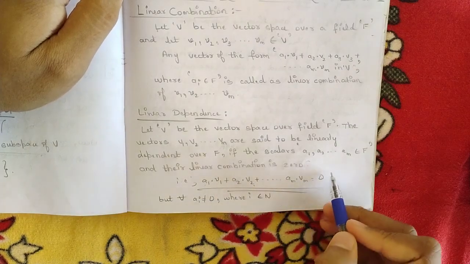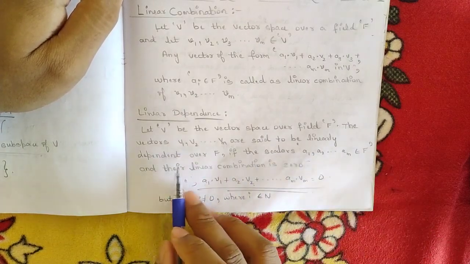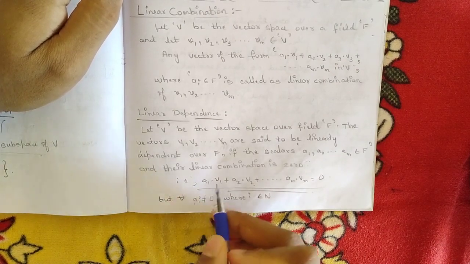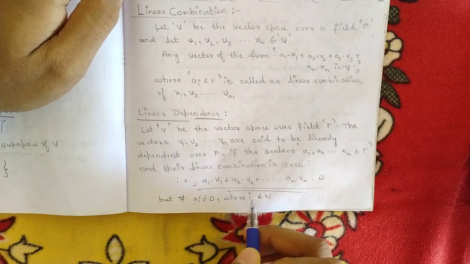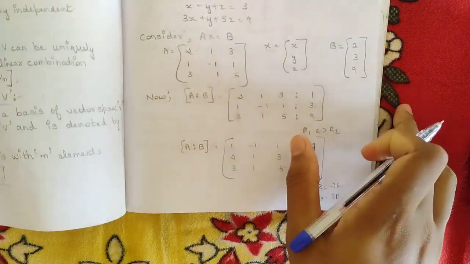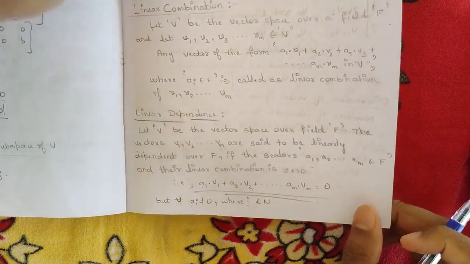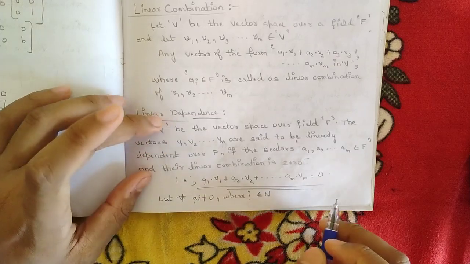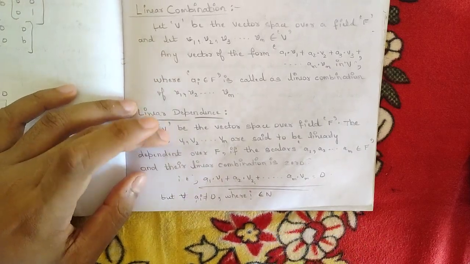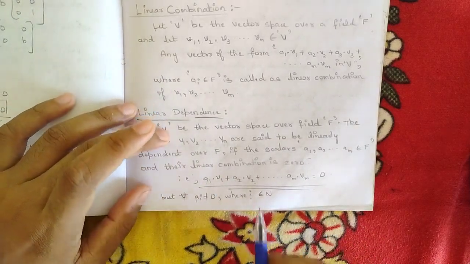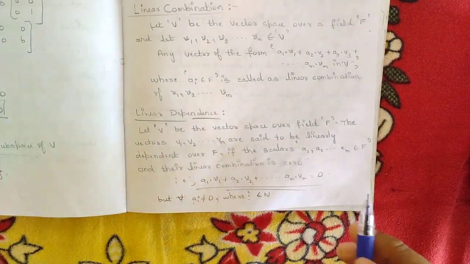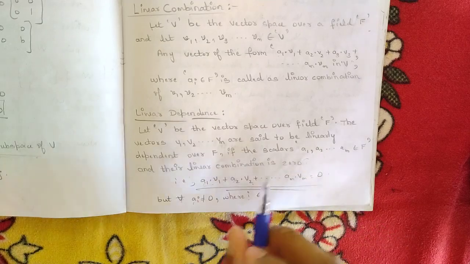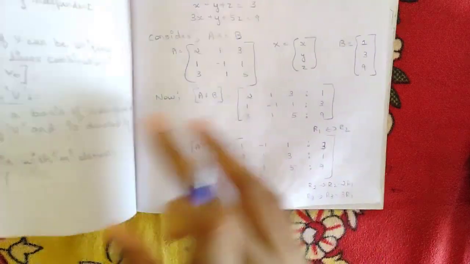If we do the linear combination and get our answer as 0, then we can say that it is linearly dependent.